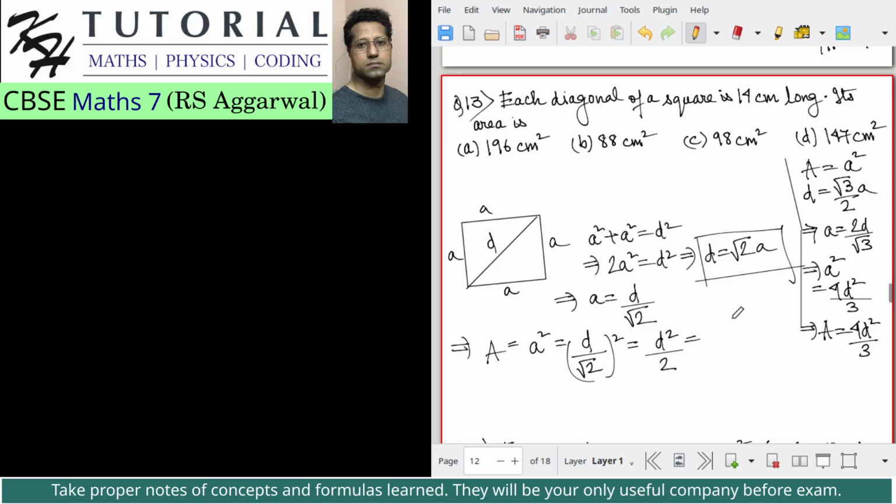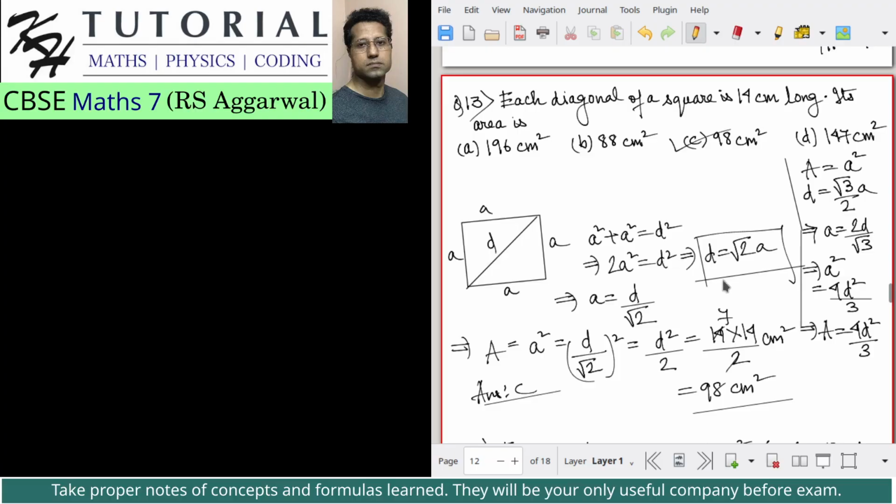So this now becomes 14 multiplied by 14 divided by 2 centimeter square. This is equal to 98 centimeter square. So the correct choice is C. C is the correct choice.